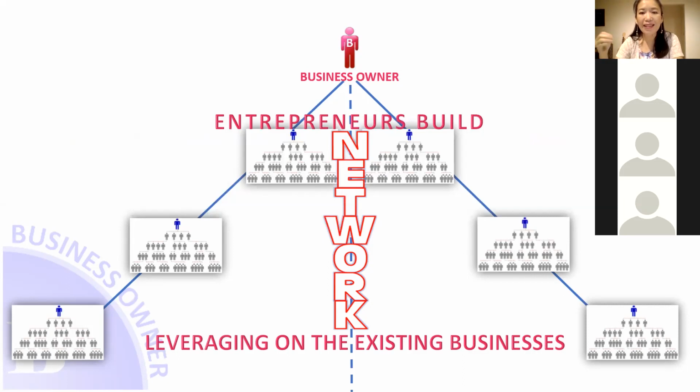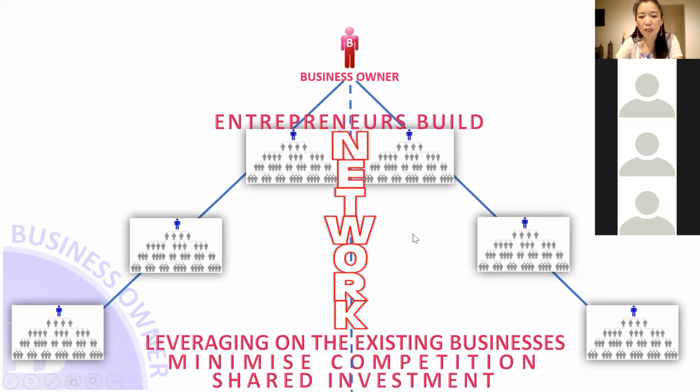That's why we call network marketing businesses network marketing, in the sense that we are entrepreneurs marketing through building a network of people who support one another and build together. And entrepreneurs can leverage on the existing businesses and also minimize the competition and shared investment due to the vested interests in that group of people or businesses.